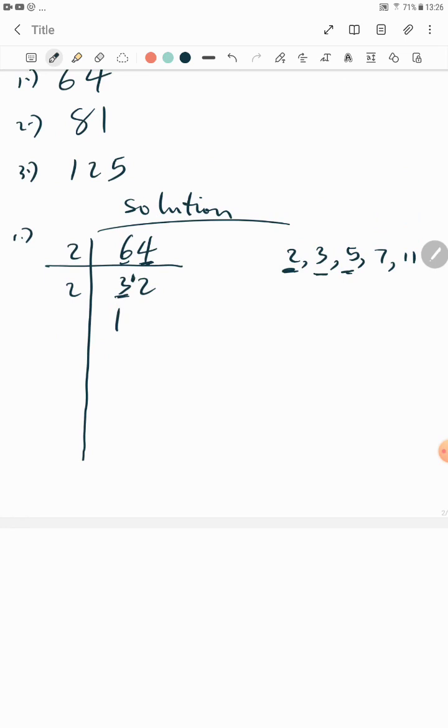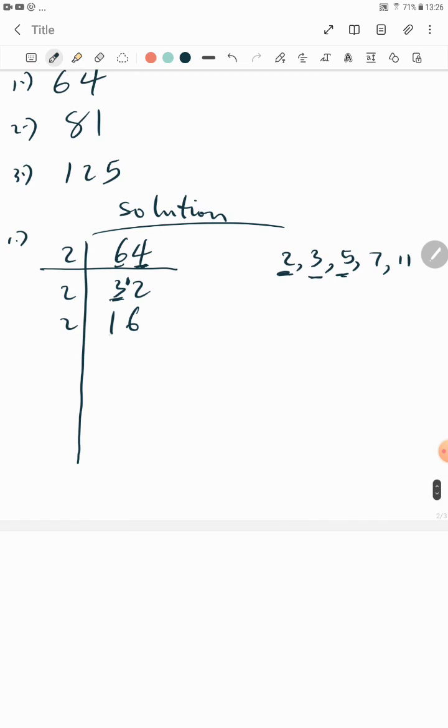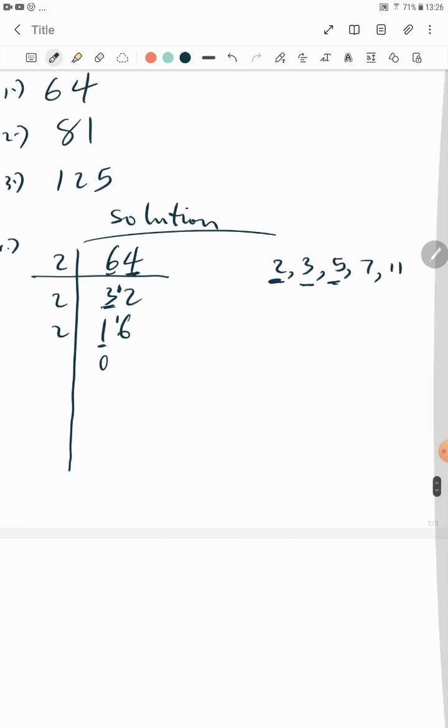That becomes 12. 2 in 12 will give me 6. That's 16. Then I can use 2 again. 2 in 1 will give me 0. And this 1, because I've not used it, I will bring it here. 2 in 16 will give me 8.